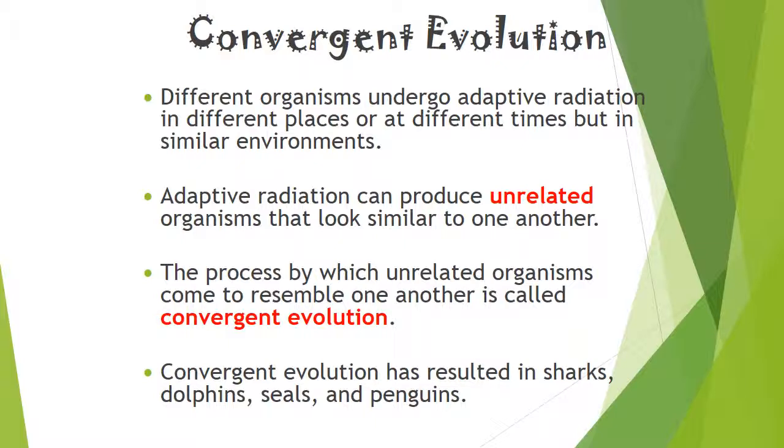Convergent evolution has given us things like sharks and dolphins, seals, penguins. We're going to look at how those two things look similar but are unrelated.